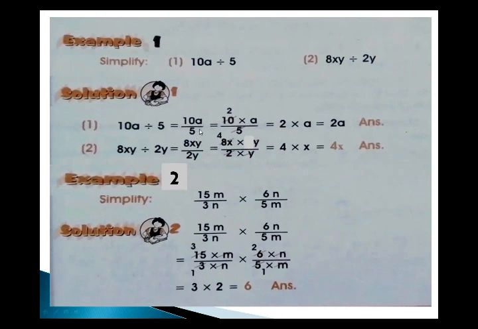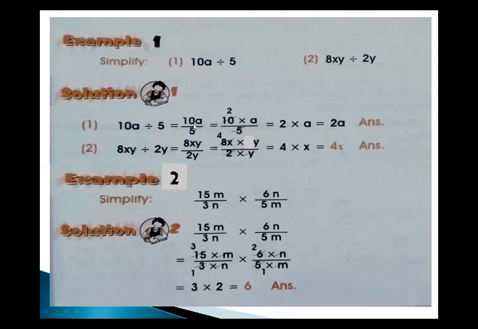Here, there is no variable a in the denominator. That's why we take a as it is, but we divide the numbers. In the same table, we see 5 ones are 5, and 5 twos are 10. Then multiply by a.